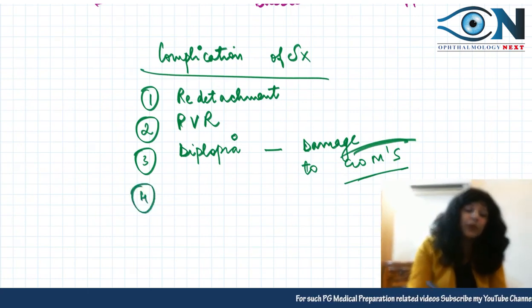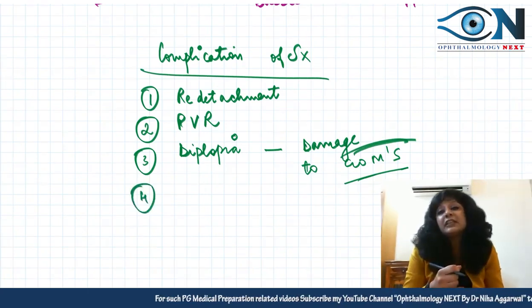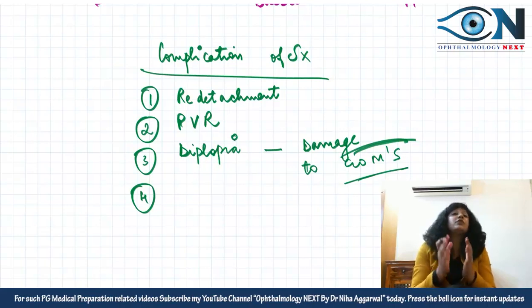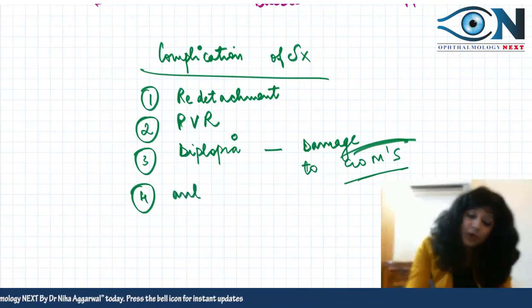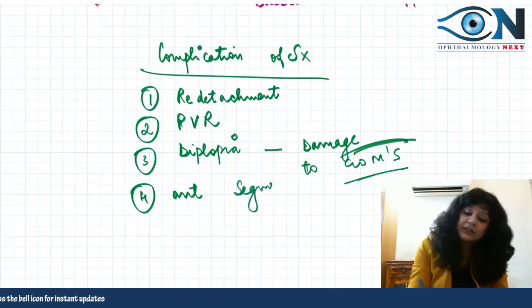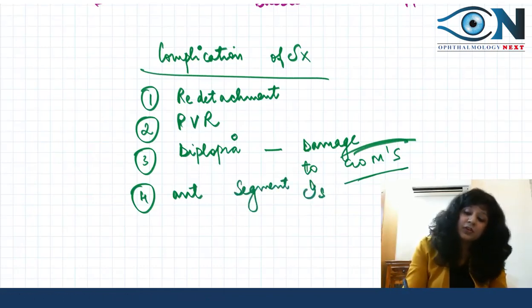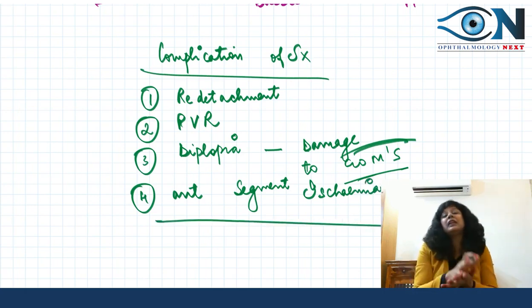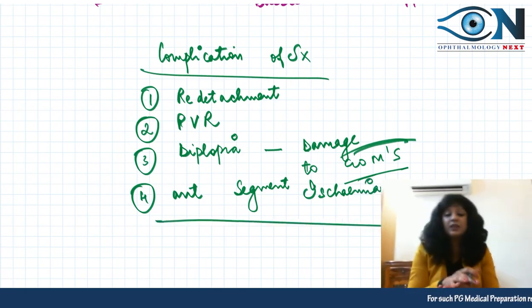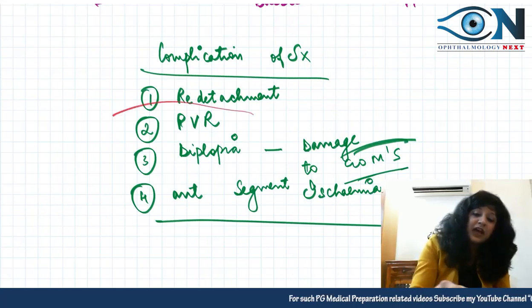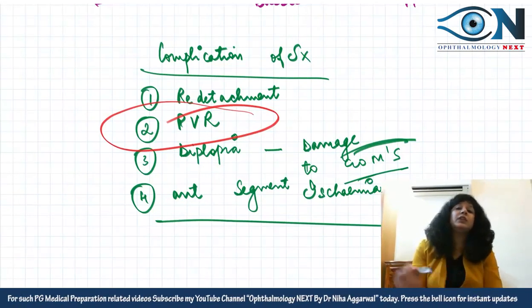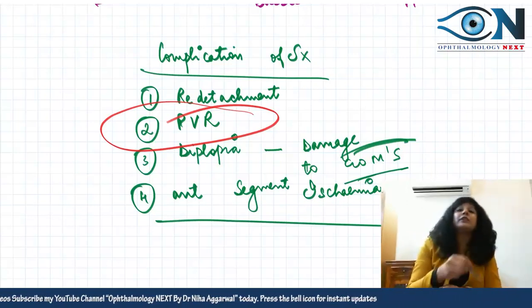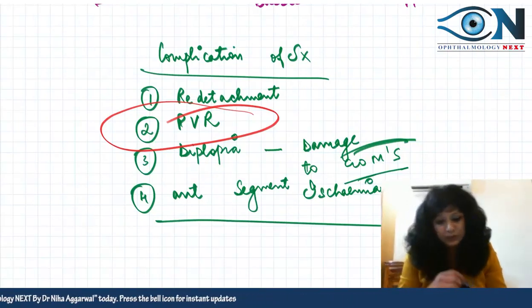And then fourth, because it can affect the nutrition, it can also cause anterior segment ischemia. So these are the 4 main complications that can take place due to the surgery. And I will say again, PVR remains the most important one, which takes place due to the retinal detachment also, and also due to the surgery.